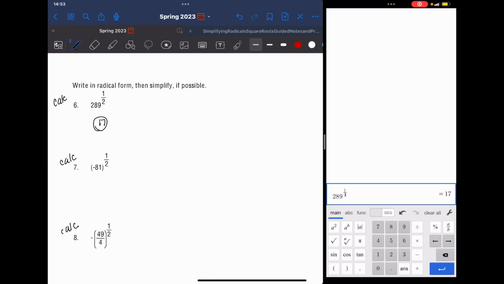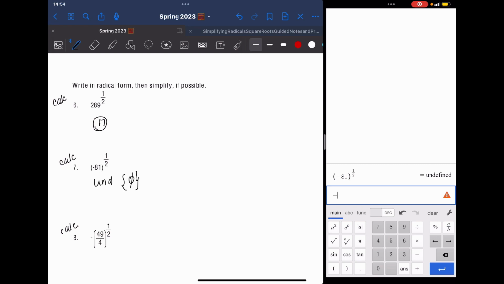And then I have number 7, which is going to be the base of negative 81, raised to the 1/2 power. Let's see if we get an answer. Oops, my answer there is going to be undefined. So that means it's an empty set.